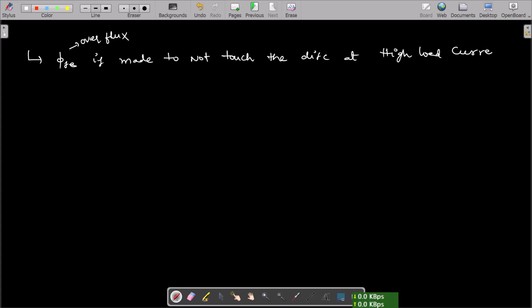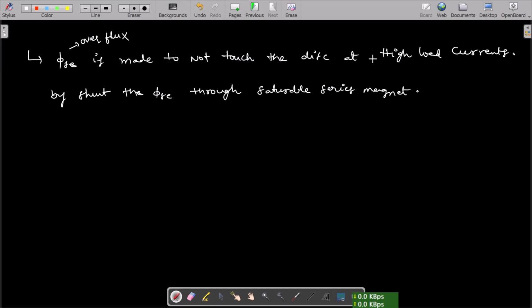For normal load currents, phi sc will touch the disk, and only then is rotation possible. This is done by shunting the phi sc through a saturable series magnet. And how it will look, I will draw that saturable series magnet.